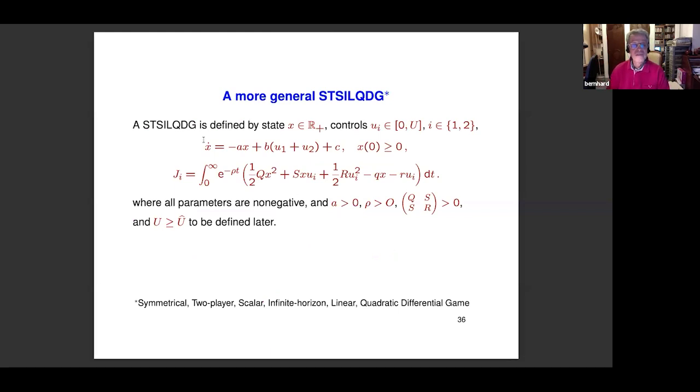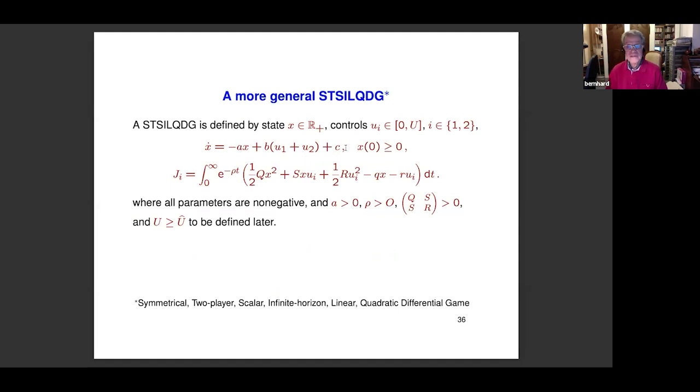So I define a symmetrical two-player scalar infinite horizon differential game by the following equations. My state is x in R plus, so I have a positive state. Bounded controls, between 0 and capital U. Two players.